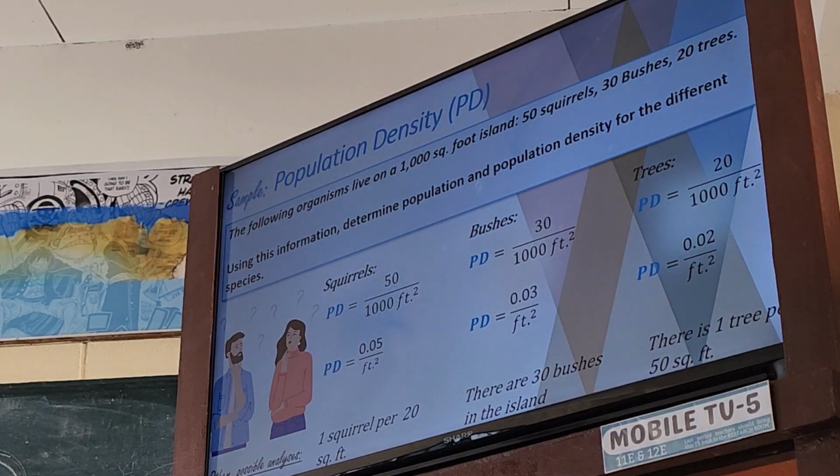You can even say, teacher, in the entire 1,000 square foot island there are 50 squirrels. Does that make it wrong? Exactly. So apart from solving, these are different ways of interpreting your data. Yes, 50 squirrels on the island. But then again, if you're basing it on your computation, at least you know the logic of what these values are.